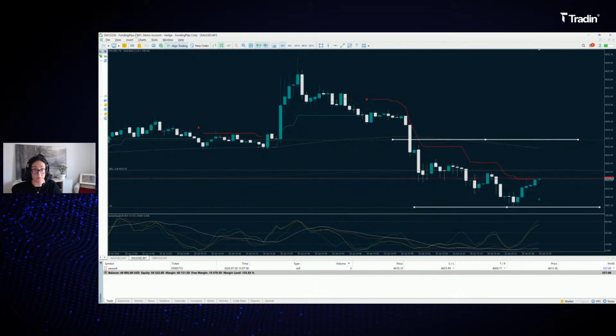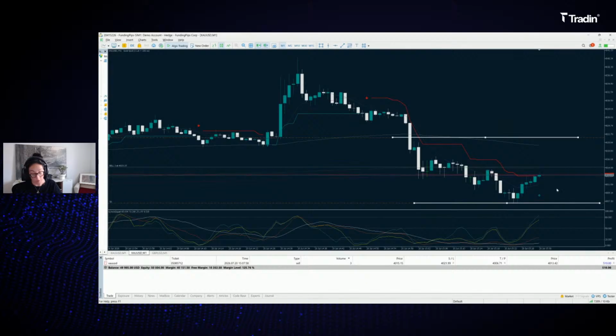I was just a few pips away from take profit. Take profit is 0671 and it went down up to 10.23. So just 4 pips away. Oh, no, it's not.